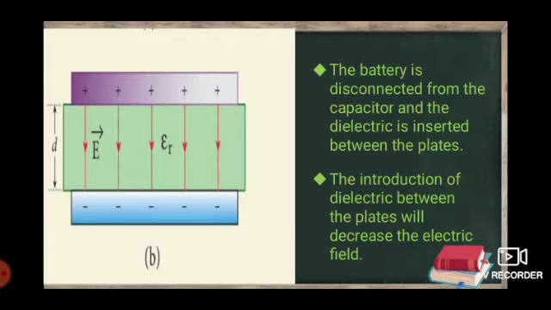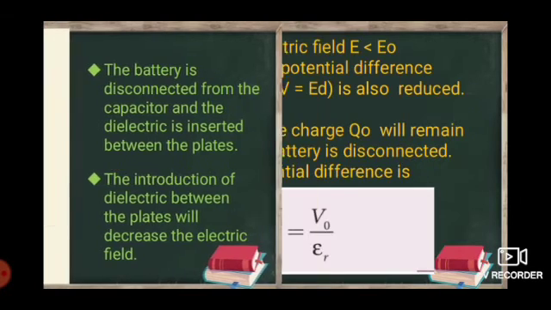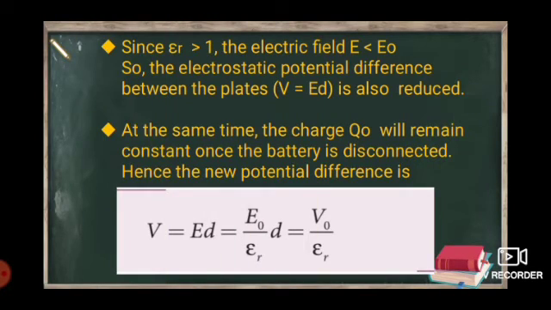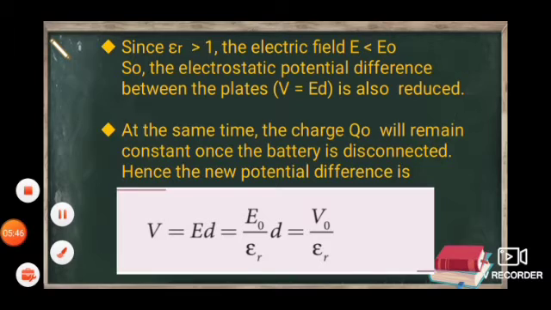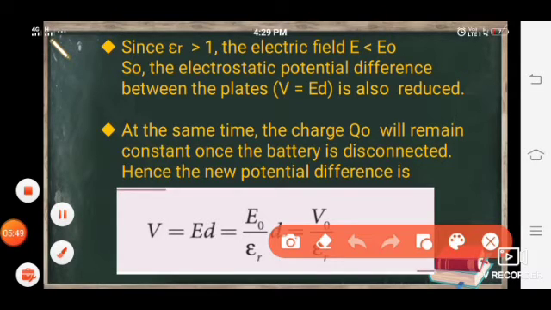Placing the dielectric between the plates alters the capacitance, and we are going to calculate those values. This dielectric medium has a permittivity epsilon r greater than 1.